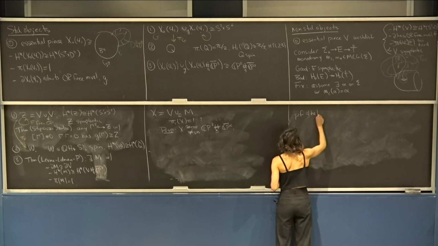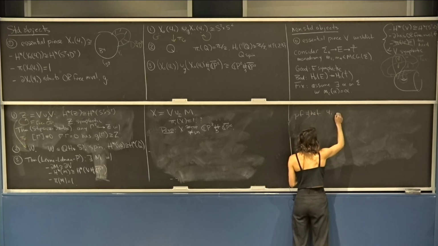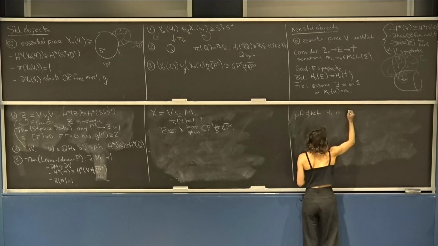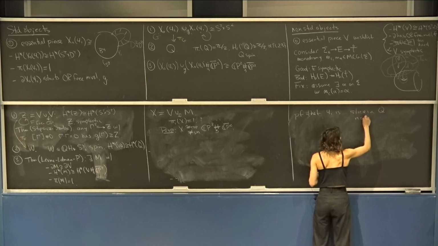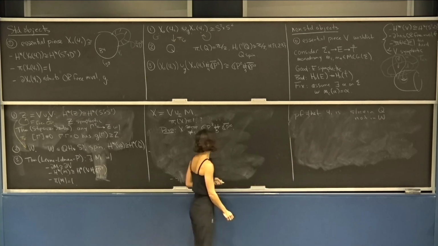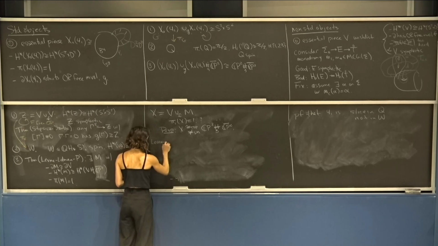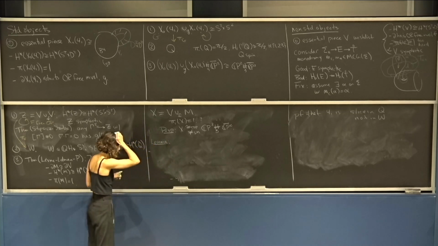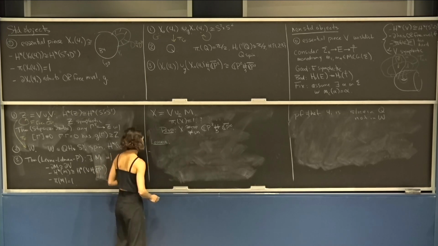So the plan for the rest of the time is to outline a proof that the figure 8 knot is slice in Q and not in W. And to do that, I need a lemma, which is a lemma I always think I will never have to state in a talk again, but here we are.